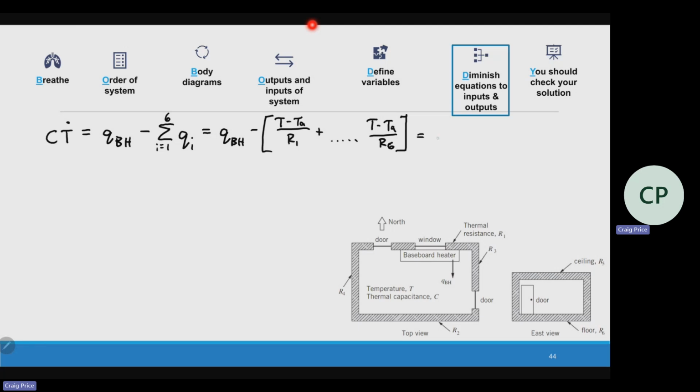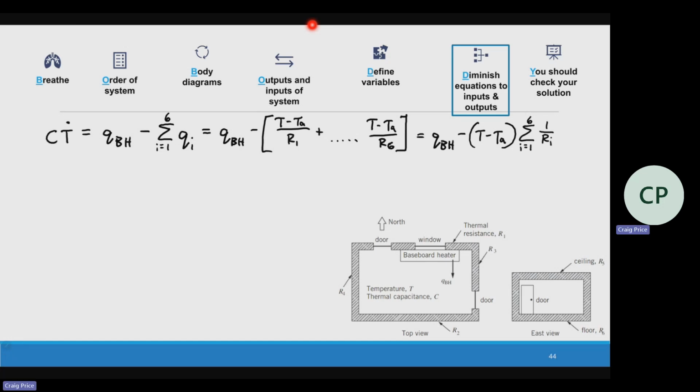So we can rewrite this as baseboard heater minus, we've got a T minus T ambient times the sum of 1 over Ri, going from 1 to 6.